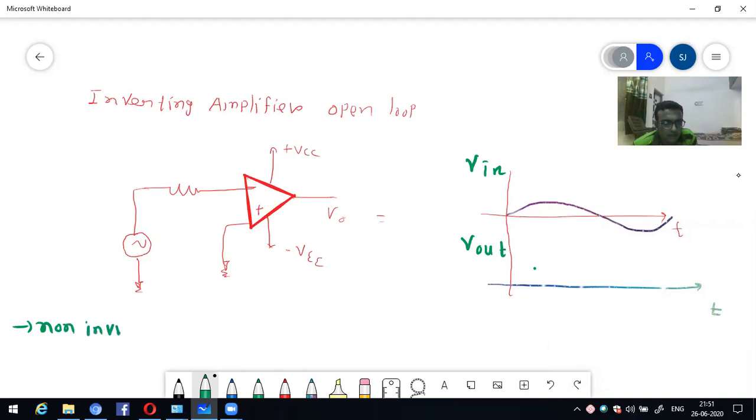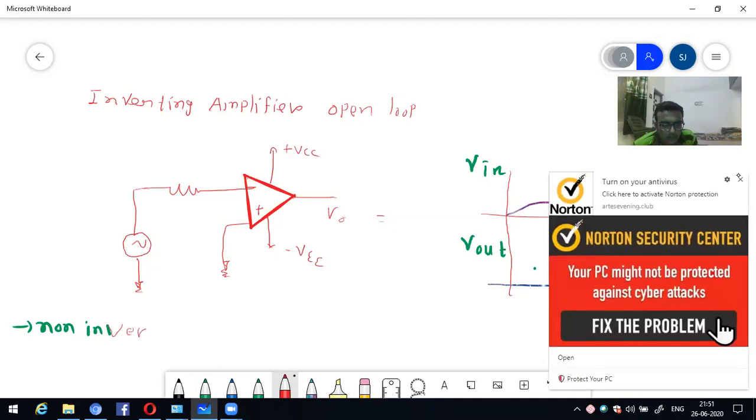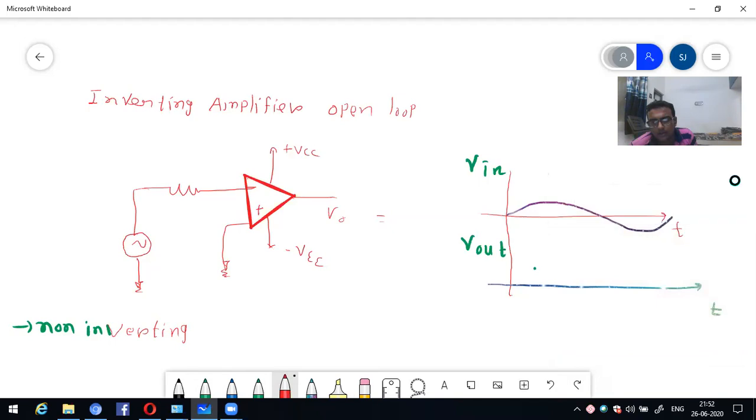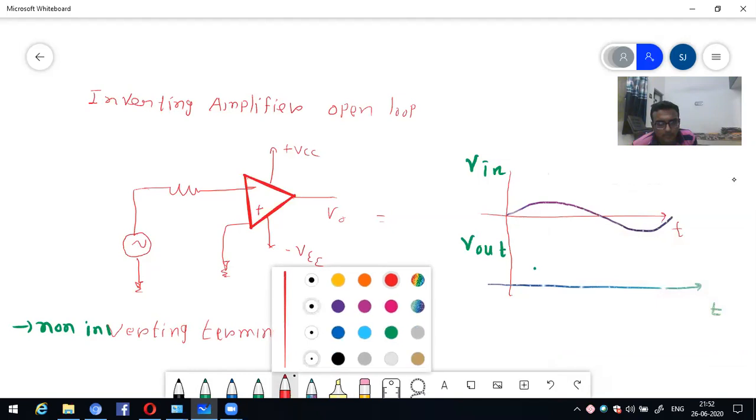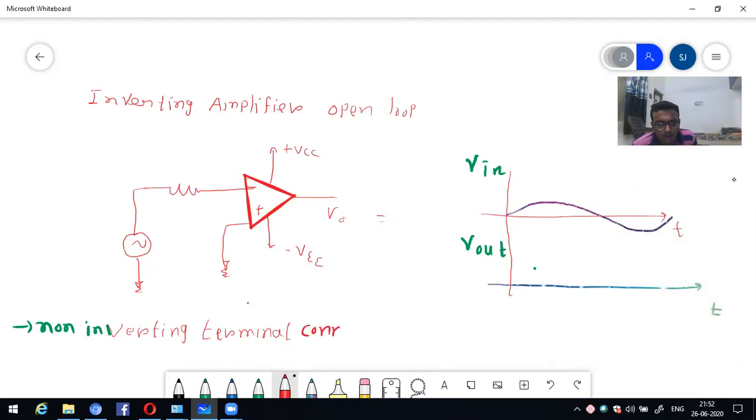Non-inverting terminal connected with ground.